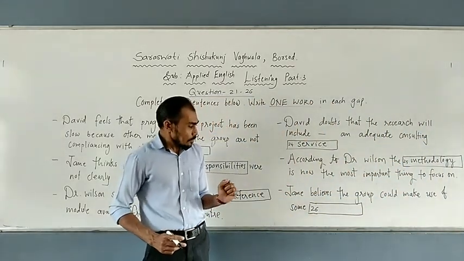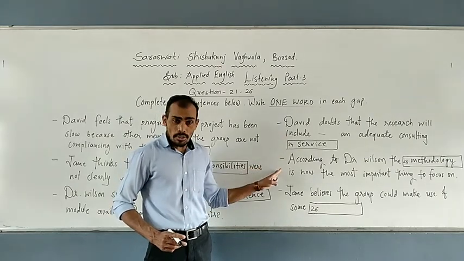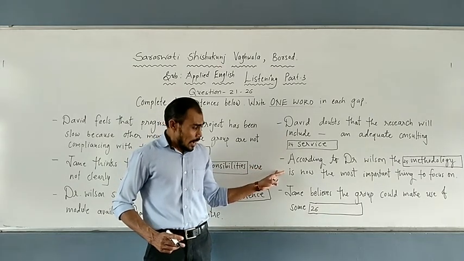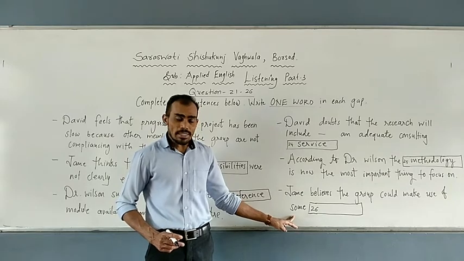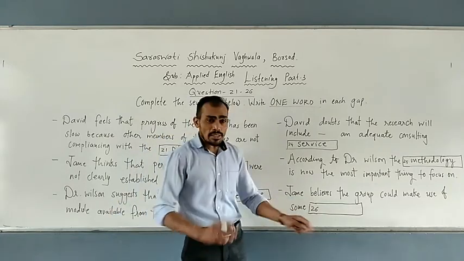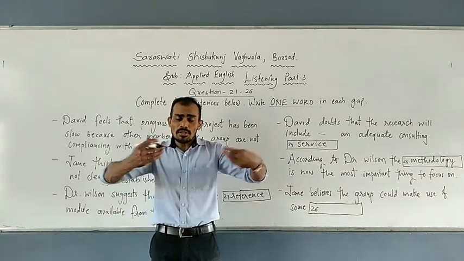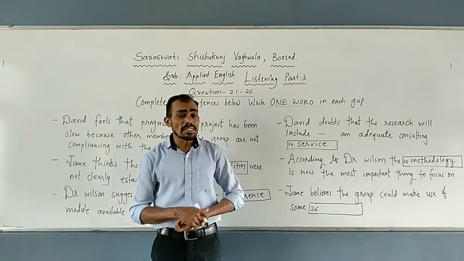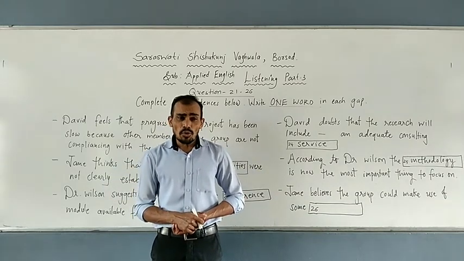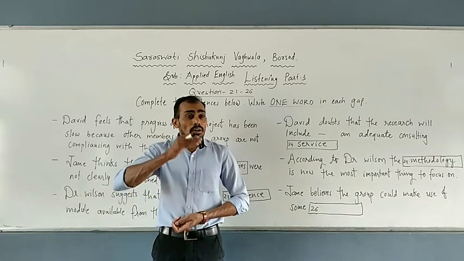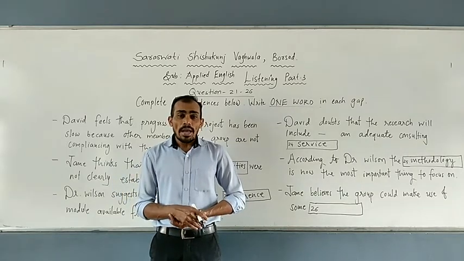Now students, I hope you have got the correct answer, and we move to question number 26. Jen believes and says, the conversation continues, and in between Jen says that yes, there is one more thing that really disappointed us. And what is that?